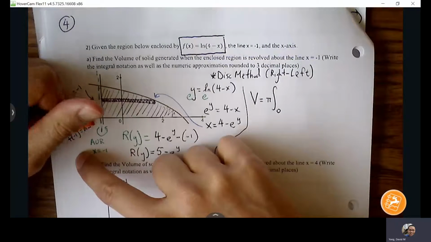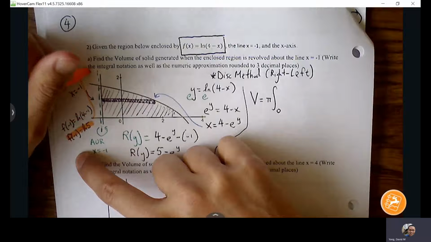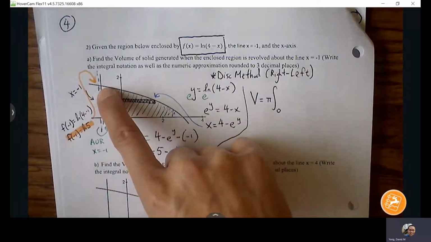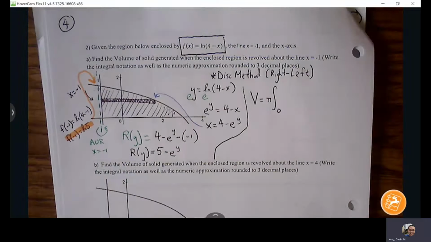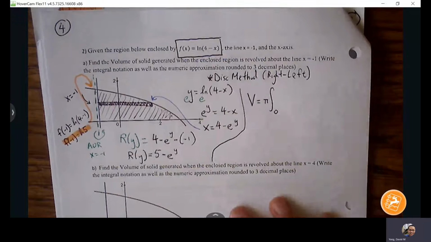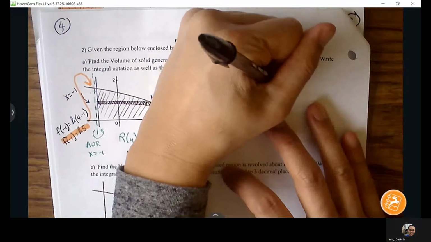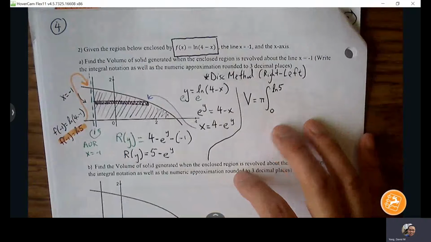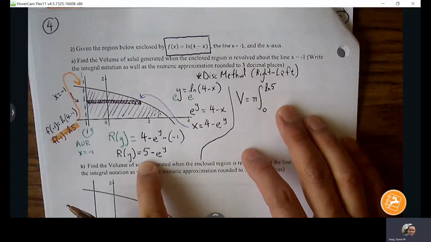So natural log of 5, whatever that decimal value is, that's going to be the highest y value of the shaded region. Okay, only one radius needed, so big radius squared.